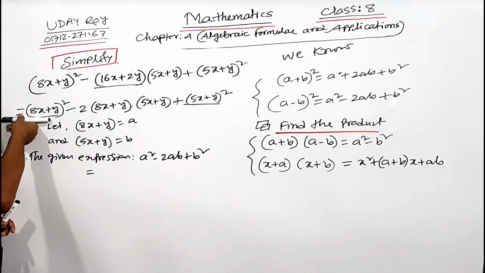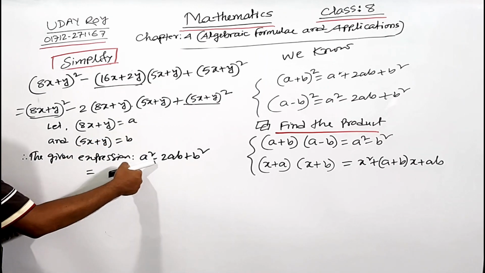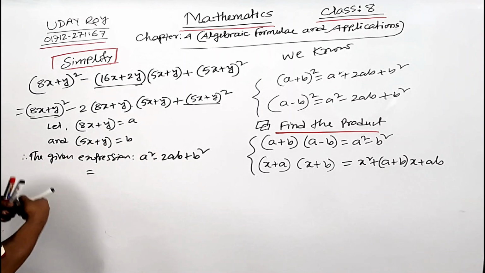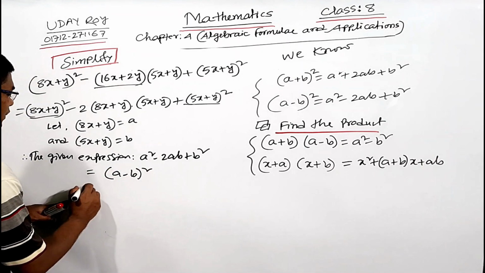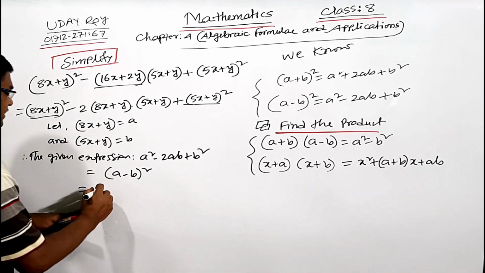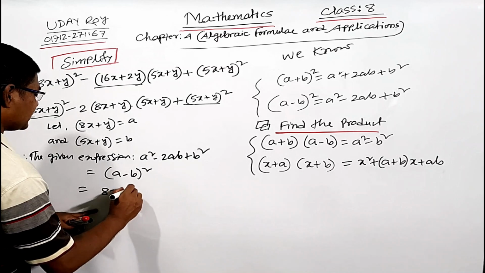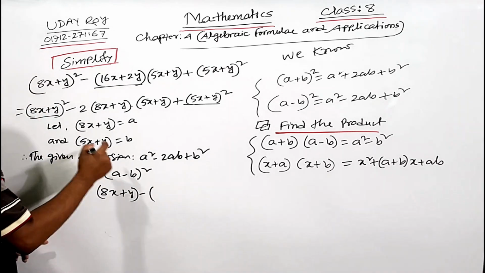Therefore the given expression equals a square minus 2ab plus b square, because 8x plus y equals a and 5x plus y equals b, so this is a square and this is b square. So we have a square minus 2ab plus b square. Now we can write (a minus b) whole square. Now putting the values: what is the value of a? 8x plus y. Minus, what is the value of b? 5x plus y.